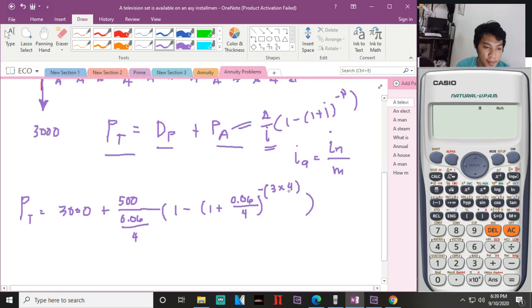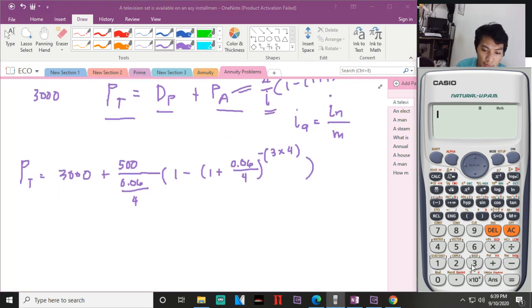So we will have a value. I-solve muna natin si PA. So this will be 500 divided by 0.06 divided by 4, multiplied by 1 minus 1 plus 0.06 divided by 4 raised to negative 12.